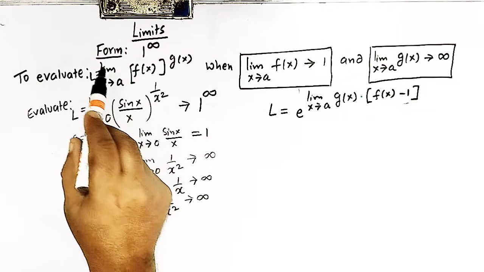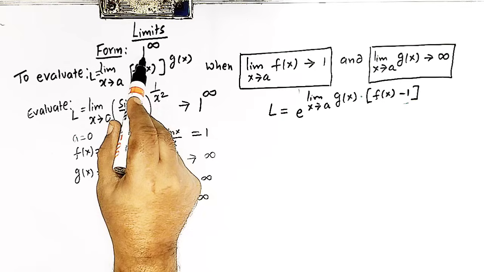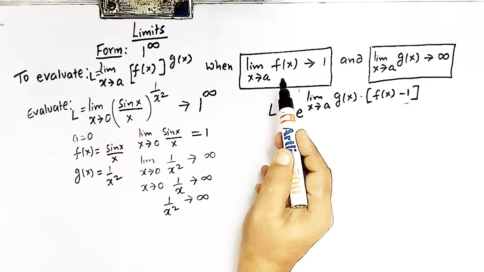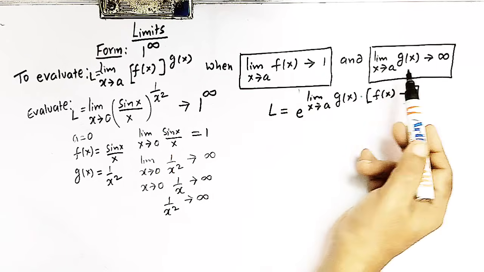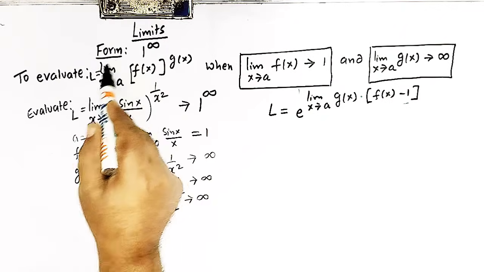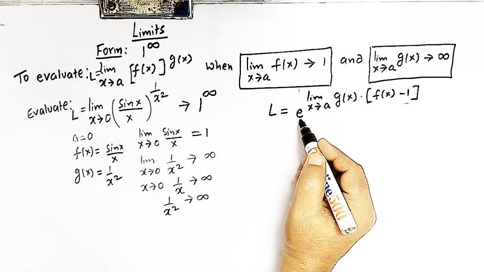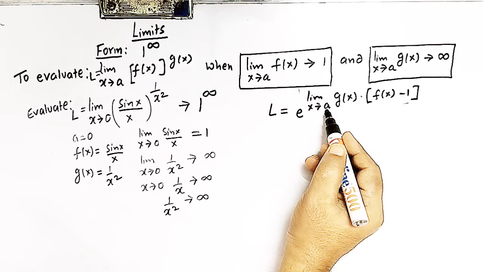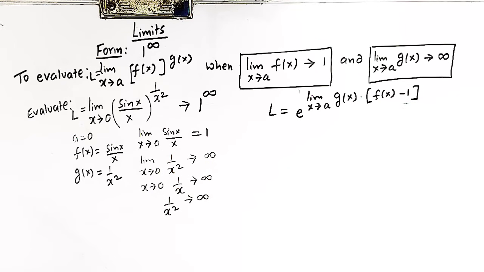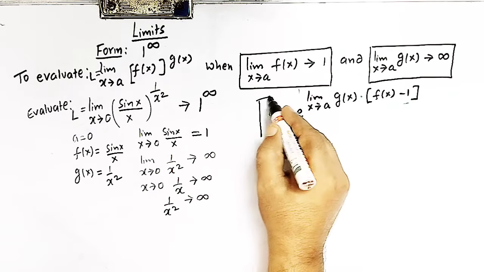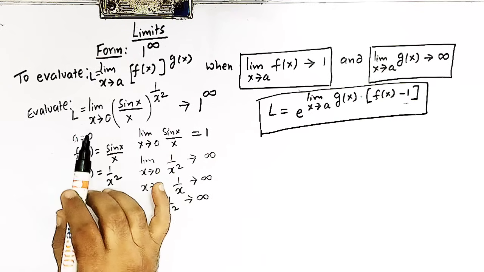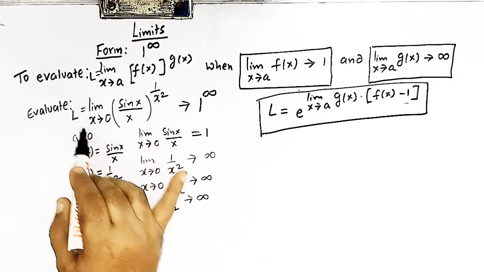Whenever we have limits of the indeterminate form 1 raised to infinity and these two conditions are satisfied, then the limit L is equal to e raised to limit x tends to a of g of x times f of x minus 1.